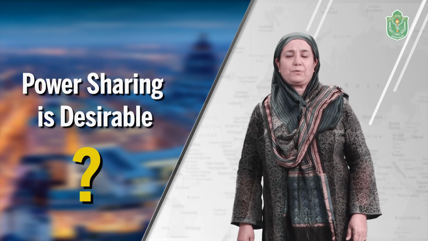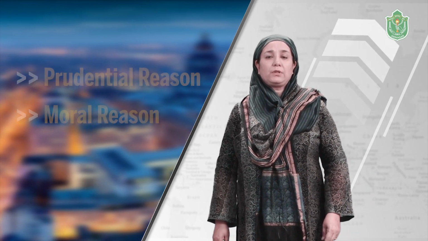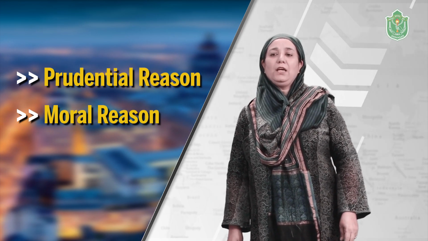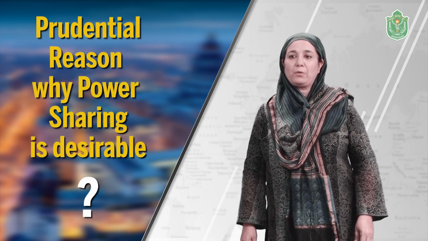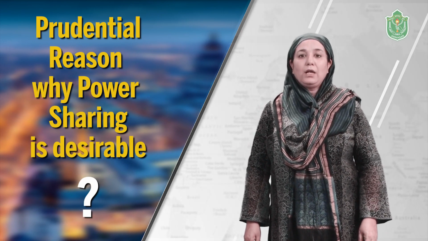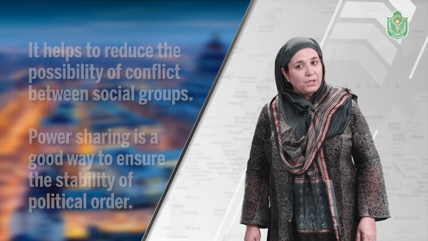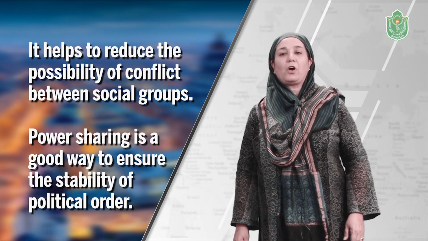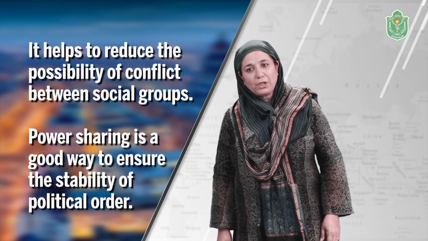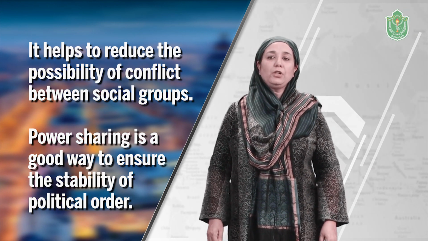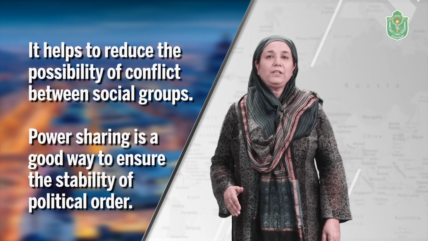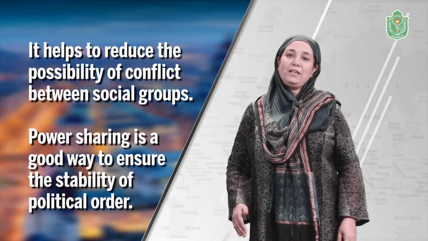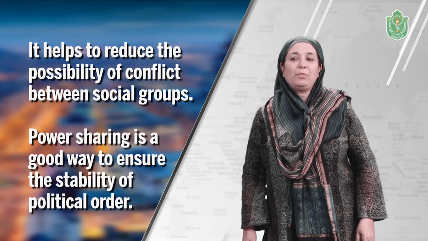Children, there are two types of reasons for this. There are prudential reasons and there are moral reasons. Now let us see the prudential reasons why power sharing is desirable. Power sharing is good because it helps to reduce the possibility of conflicts between social groups. When there is a conflict between social groups, it leads to violence, which gives rise to political instability.